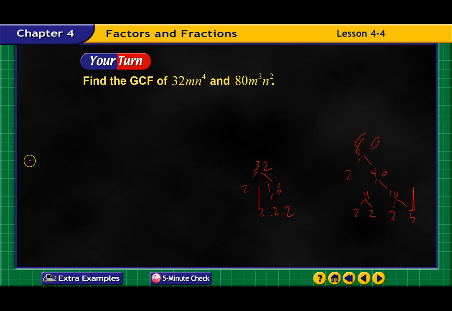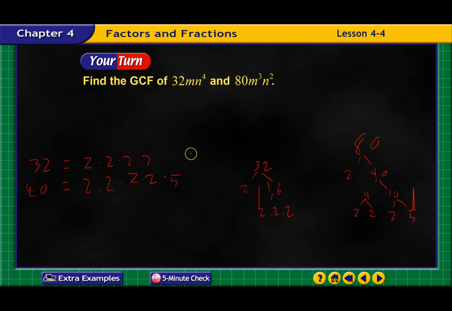So we can write these out over here. 32 is going to be 2 times 2 times 2 times 2. And then 80, it's going to be 2 times 2 times 2 times 2, and then a 5.